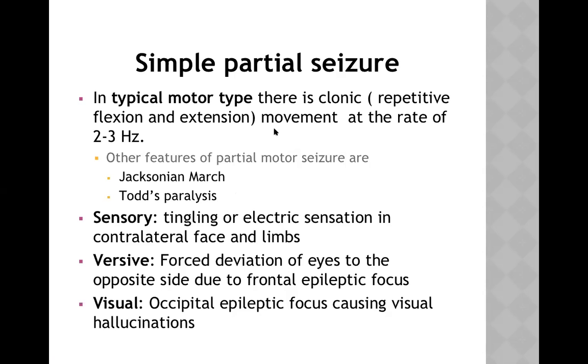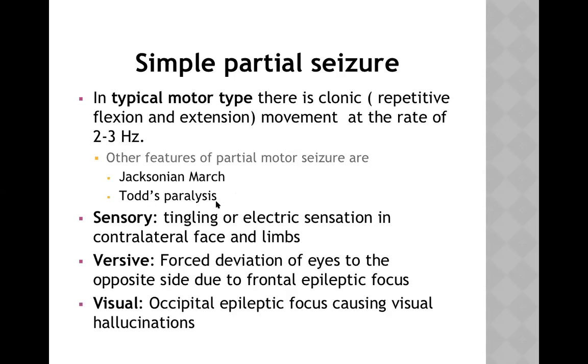Jacksonian march: probably from that group it may go to some other group also, one after the other. And Todd's paralysis is when, after that episode of seizure, the involved muscle group may be paralyzed for a certain duration, and after that duration the muscle will recover its strength. This is called Todd's paralysis.